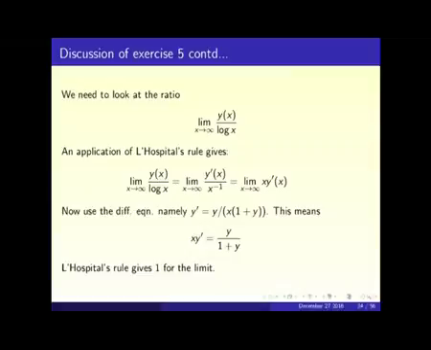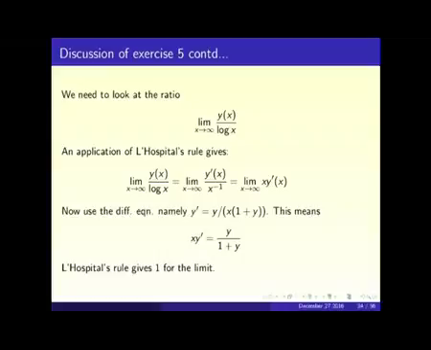Apply L'Hopital's rule. Simply apply L'Hopital's rule. You get y prime upon 1 upon x, or we are looking at the limit as x tends to infinity, x y prime. But what is x y prime? Go back to the differential equation. What is the differential equation again?